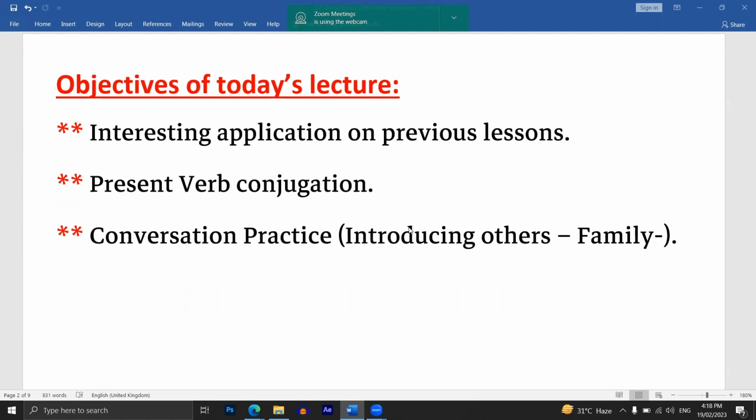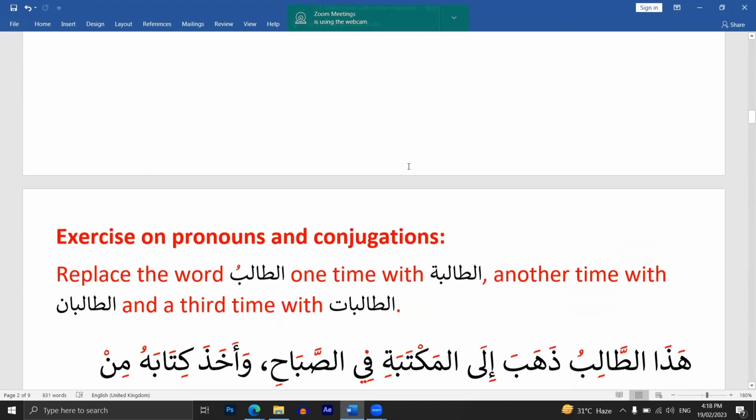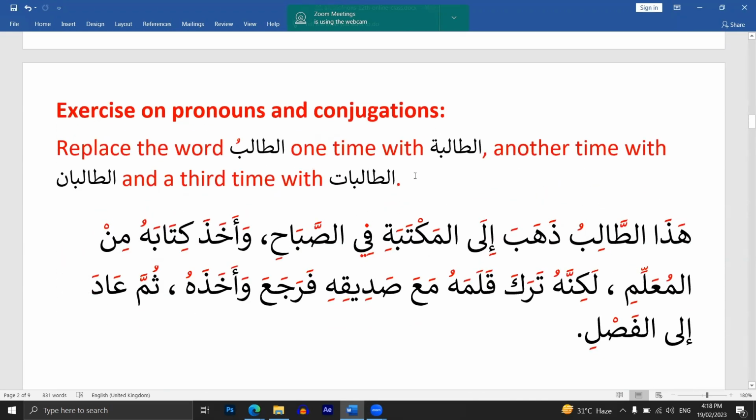Today, we're going to introduce others. Last week, we introduced ourselves. Today, we will learn how to talk about others, more specifically, the family. Let me begin with the exercise I have today. It's a really interesting exercise.